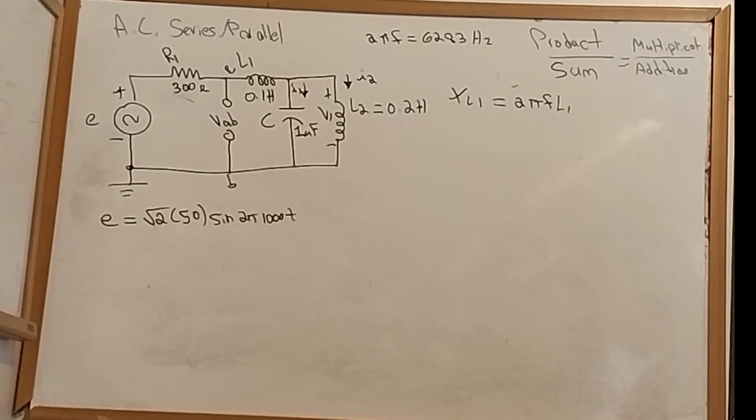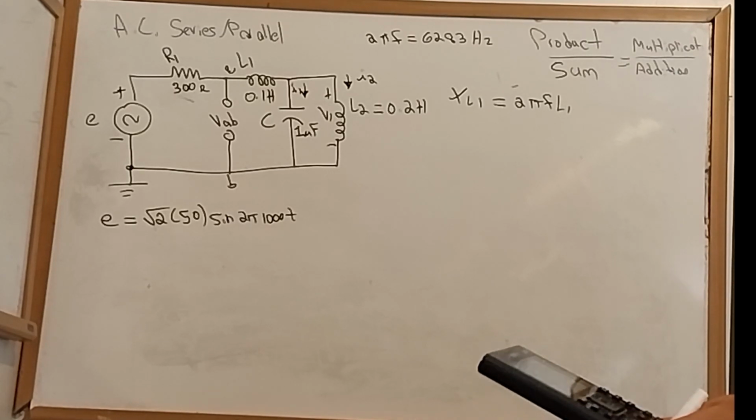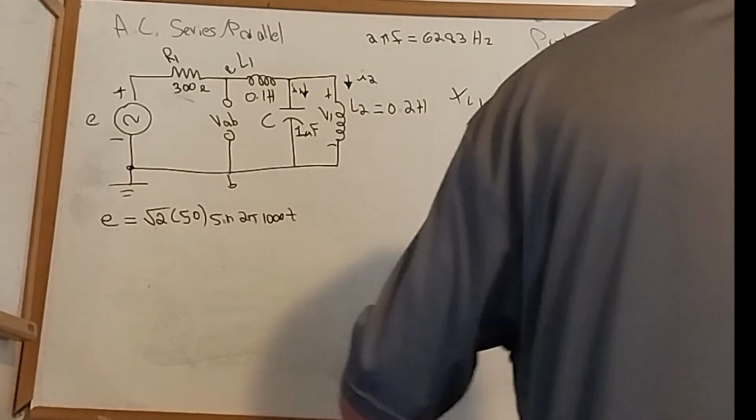Now if I take that value and multiply it by 0.1, we get 628.